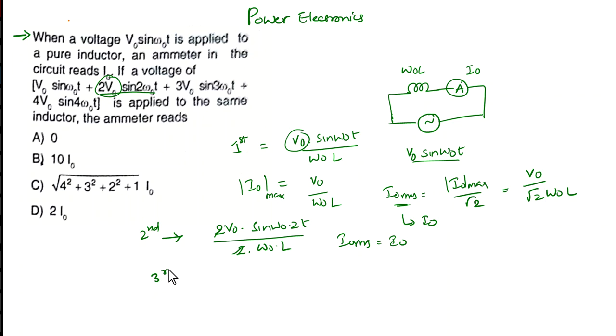Similarly for third order harmonics, 3 V naught sin omega naught into 3t divided by 3 into omega naught L, so we get the same I naught value. Similarly for the fourth order also, we get the same I naught value.